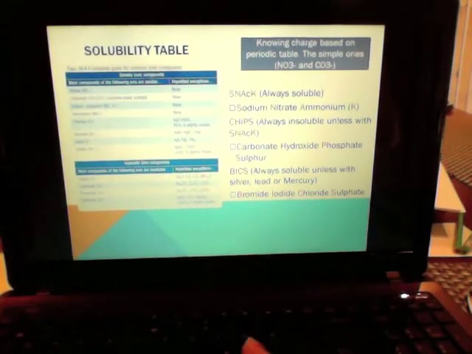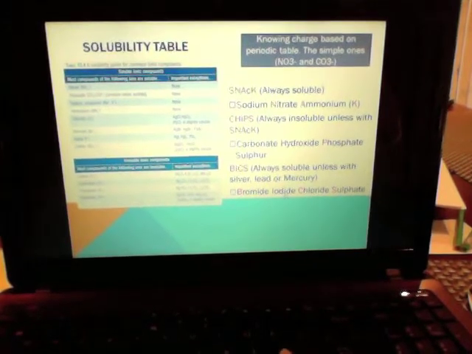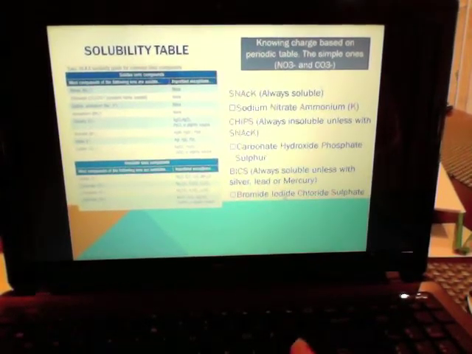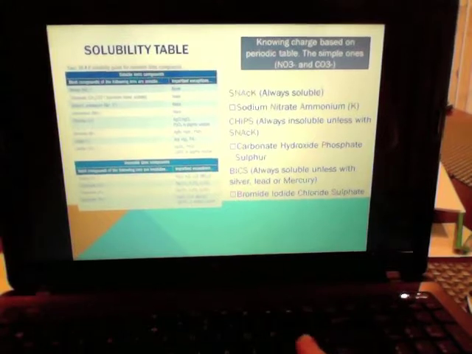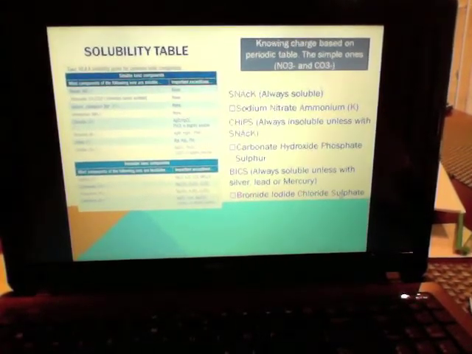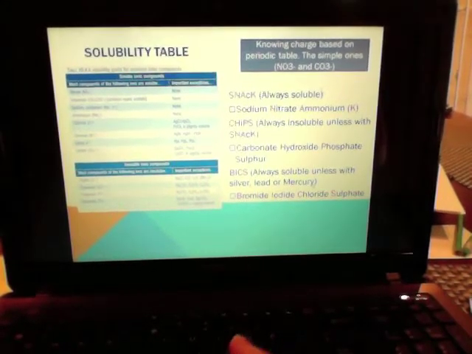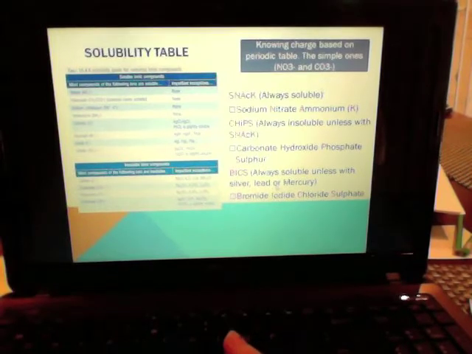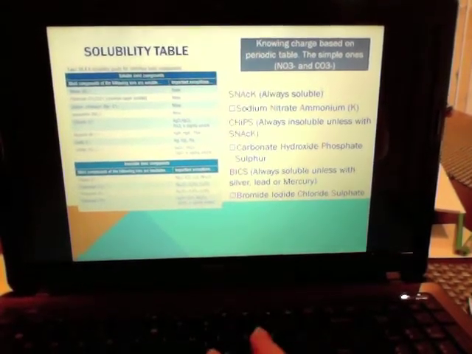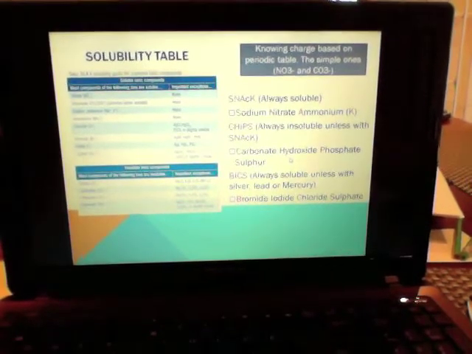Notice that chloride, bromide, and iodide are all in group 7. That can help you remember it as well. Sulfate, SO4 2 negative, okay? They are always soluble unless they're with silver, lead, or mercury. PbSO4, insoluble. You need to absolutely remember this table, okay, because you can get many questions wrong due to that.